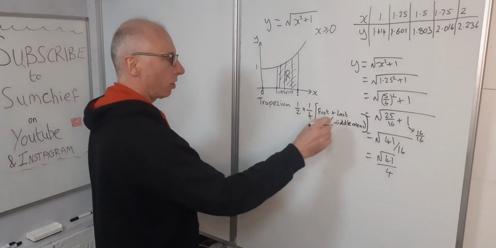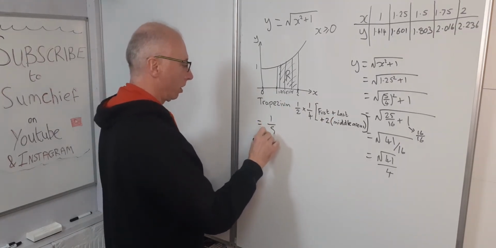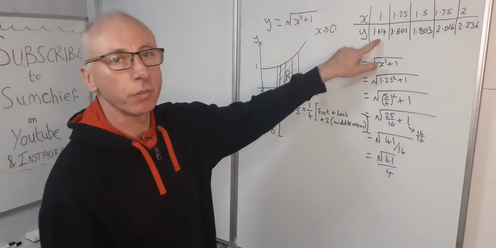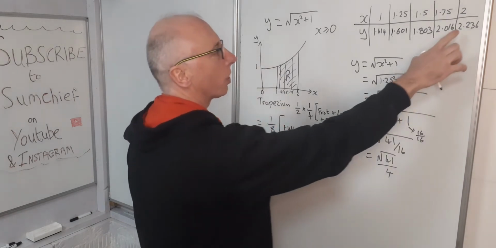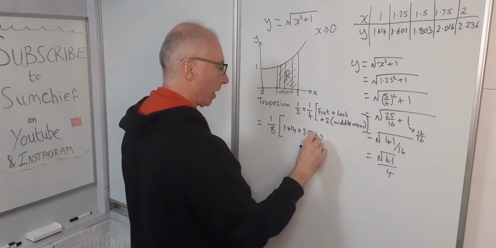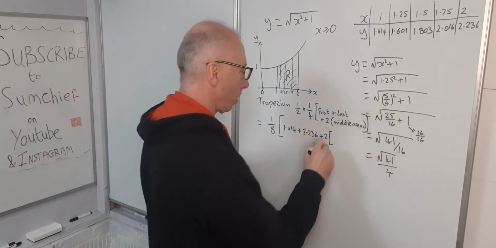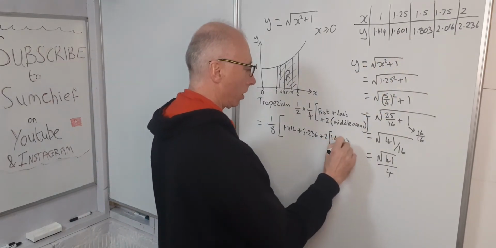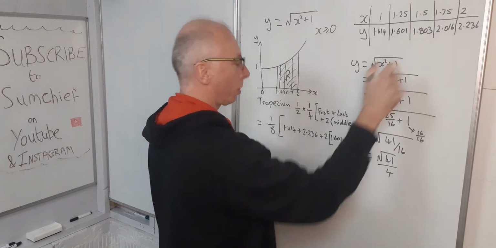So let's just work that out a little bit further. So half times a quarter, 1 over 8. First plus last, it's 1.414 plus 2.236, and then add 2 times middle areas, 1.601 plus 1.803 plus 2.016.